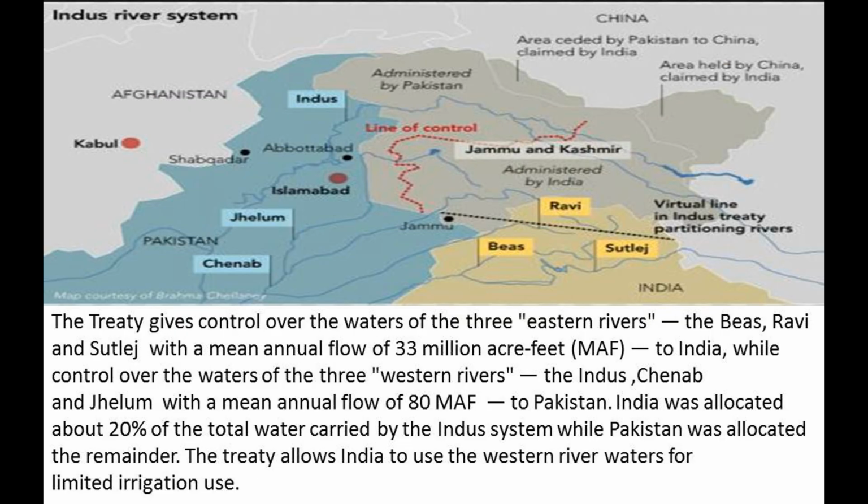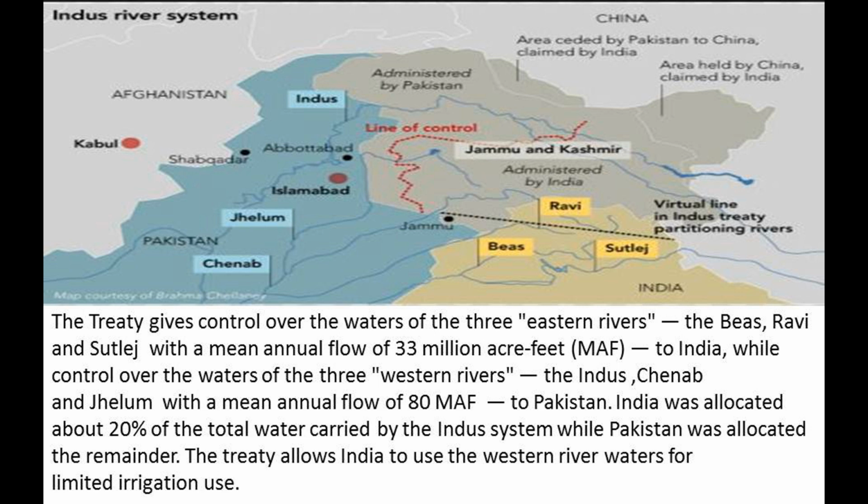The treaty gives control over the waters of the three eastern rivers, the Beas, Ravi and Satluj, with a mean annual flow of 33 million acre feet to India, while control over the waters of the three western rivers, the Indus, Chenab and Jhelum, with a mean annual flow of 80 MAF goes to Pakistan.